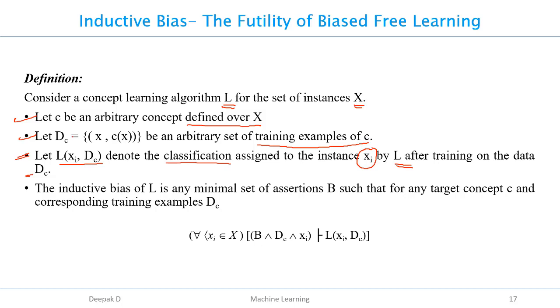And the inductive bias of L, that is, the learning algorithm, is any minimal set of assertions such that for any target concept C and corresponding training examples Dc, which is denoted here. So this is your inductive bias, that is, biased free learning.